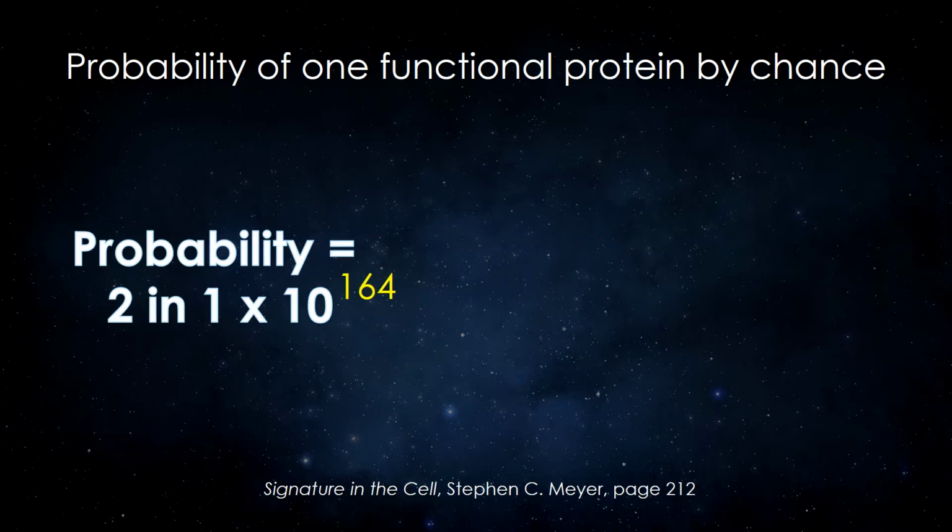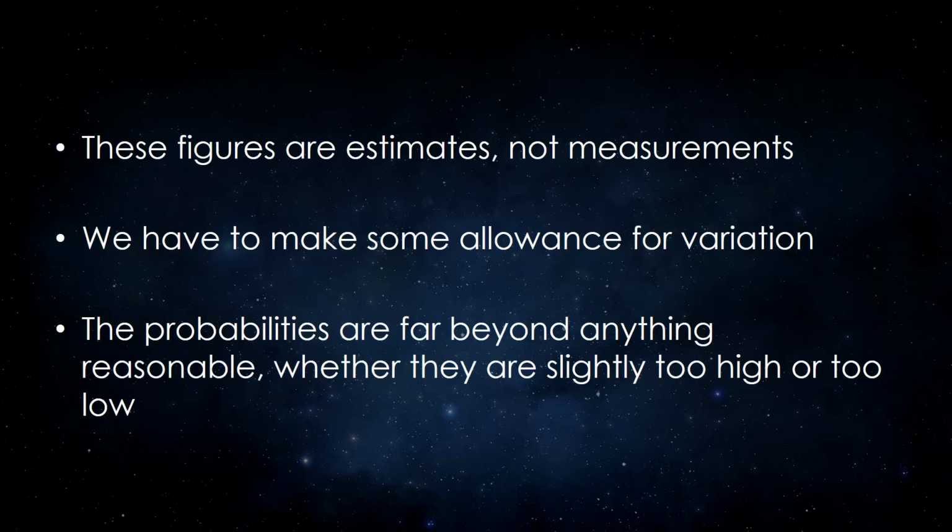This means that the probability of getting even one folded protein capable of performing a function is no better than about 2 in 10 to the 164th power. These figures are estimates, not measurements, so we have to make some allowance for variation in the final answer. But it doesn't matter. The probabilities are far beyond anything reasonable, whether they are slightly too high or too low.